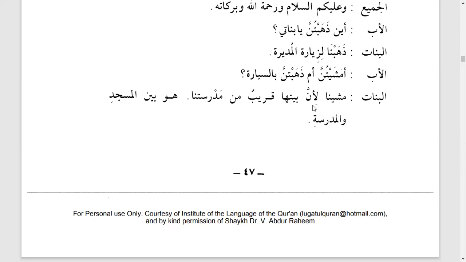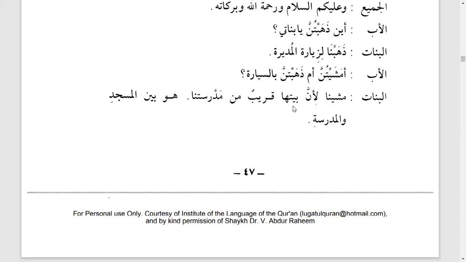Inna, lakinna, la'alla, bi'anna, li'anna and anna. So I guess you need to do a bit of practice, and please don't forget to write them down. If you write them down, inshallah, it will be very beneficial for you.